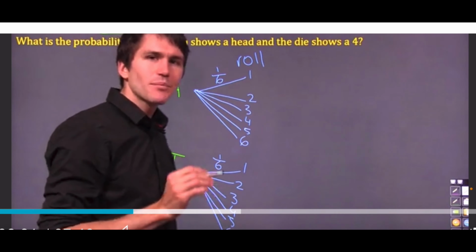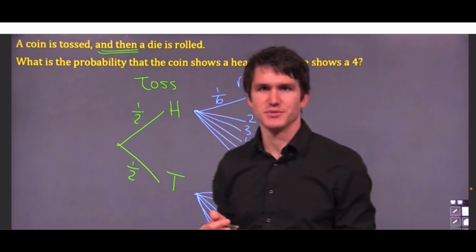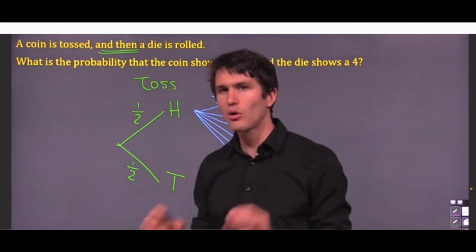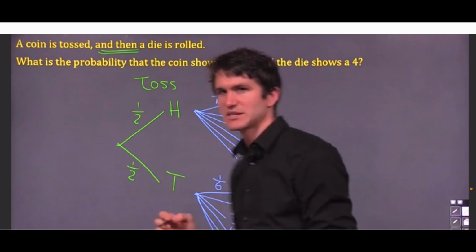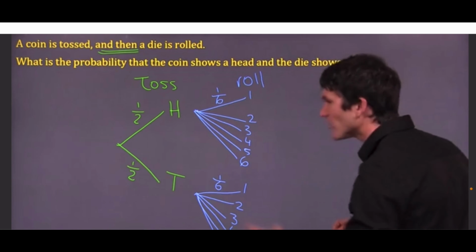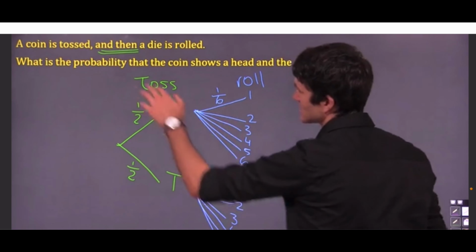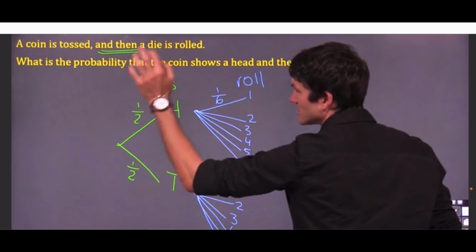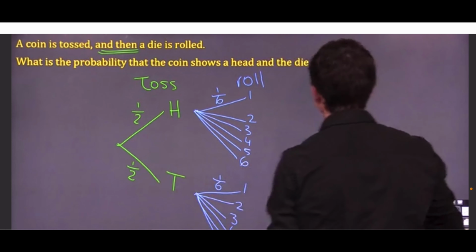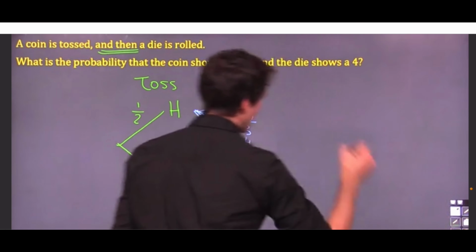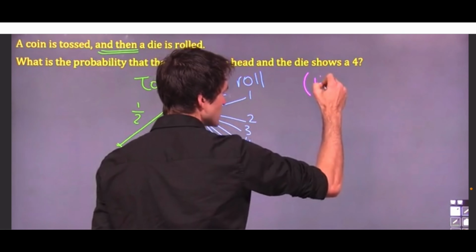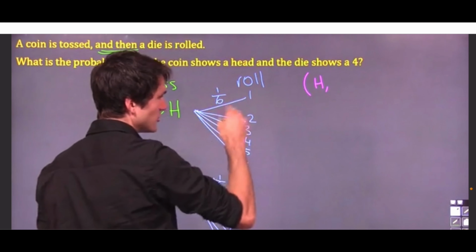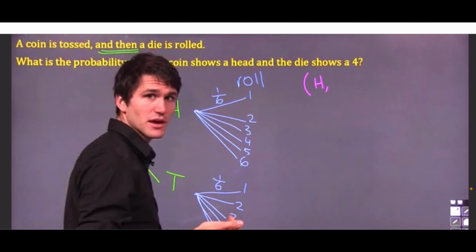Now let's look at all the different combinations we can get for our sample space. Say the first toss came up heads, because first a coin is tossed, then a die is rolled. For heads, what can we get? A 1, a 2, a 3, a 4, a 5, a 6 for the roll of the die, since there are 6 sides.